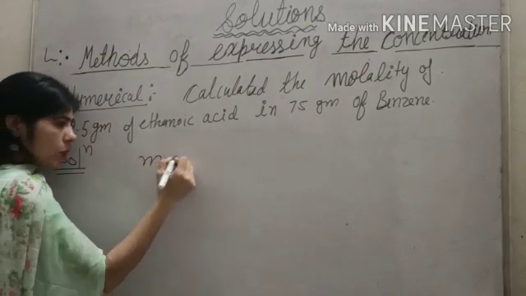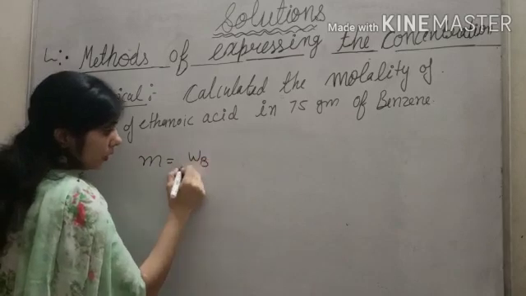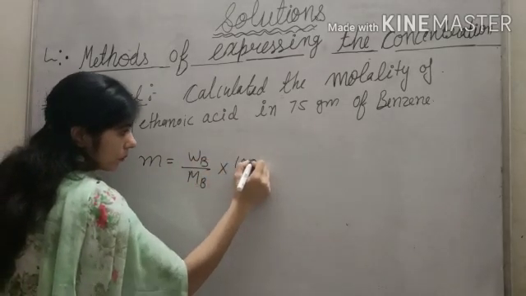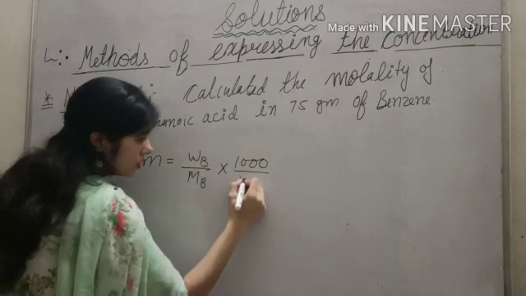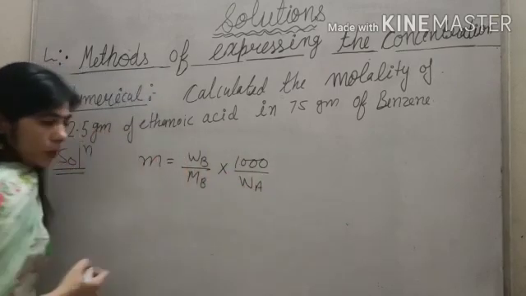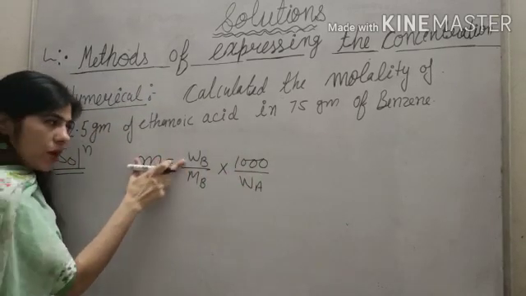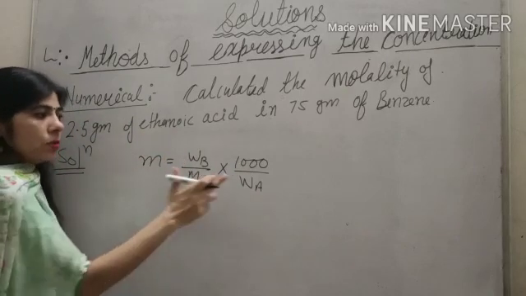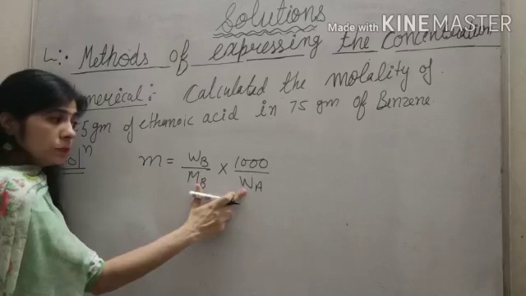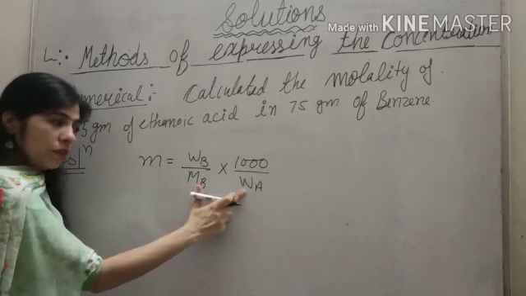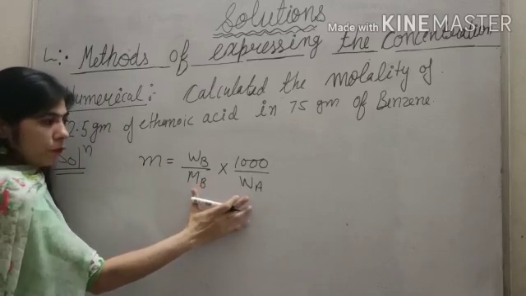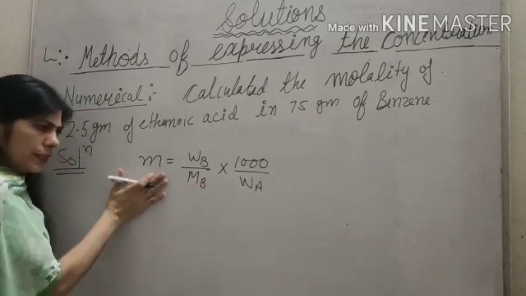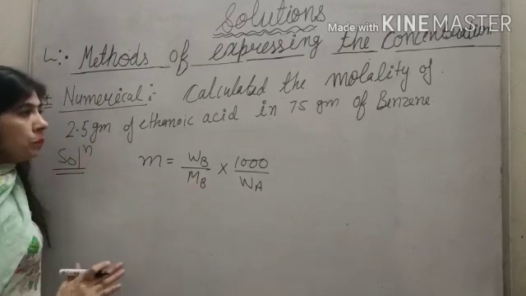Molality is equal to WB by MB into 1000 divided by WA, in which WB is the given mass of the solute, MB is the molecular mass of the solute, and WA is the given mass of the solvent. If all these values are known to us, then we can easily calculate the molality.